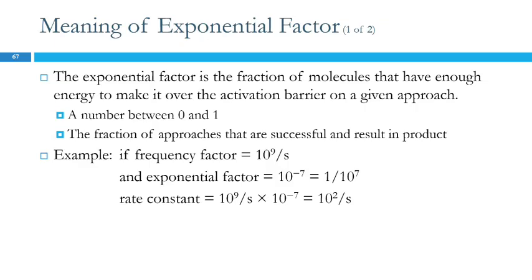But the molecules don't care. To find the rate constant, we're going to take the frequency factor times the exponential factor. So for this one, it would give us 100 per second. So the frequency factor is how frequently they try to react, and the exponential factor is how successful they are, the fraction of successful attempts. Any questions?